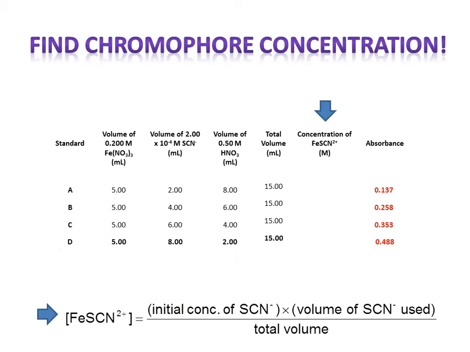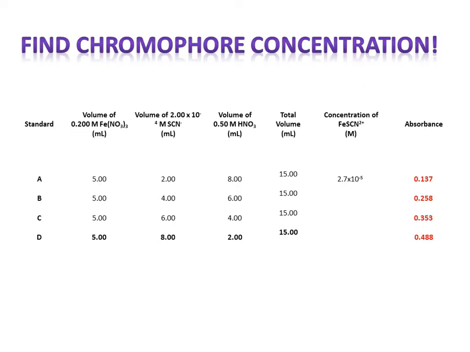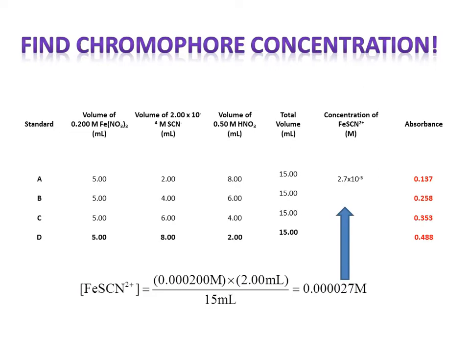We're going to take the initial concentration of thiocyanate, multiply it by the volume of thiocyanate used, and divide it by the total volume. So plugging in our values, we're going to get 2 mils of our thiocyanate solution, which was 0.0002 molar in concentration, and divide it by the total volume of 15 mils.